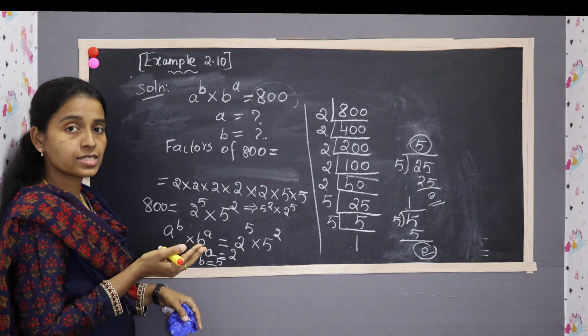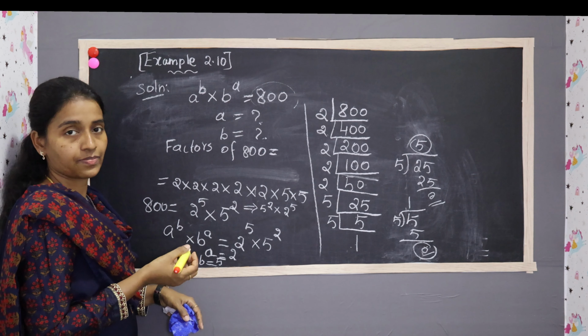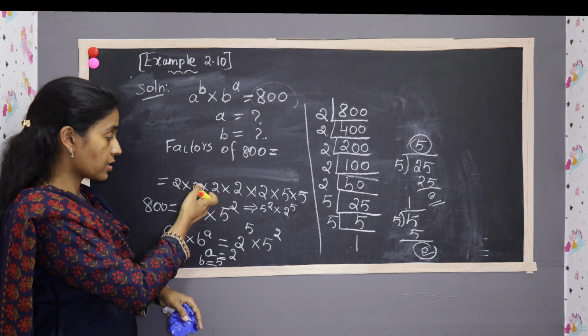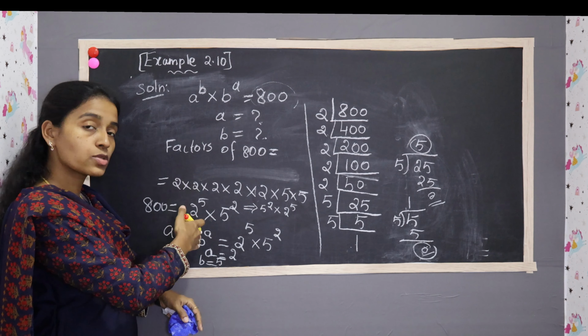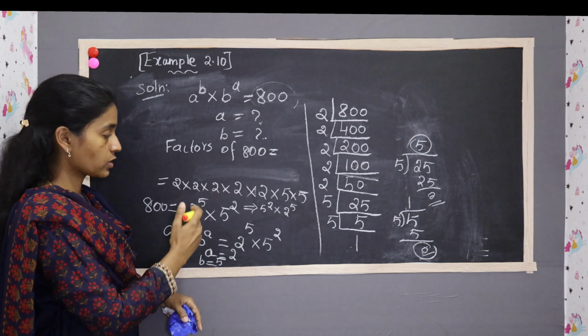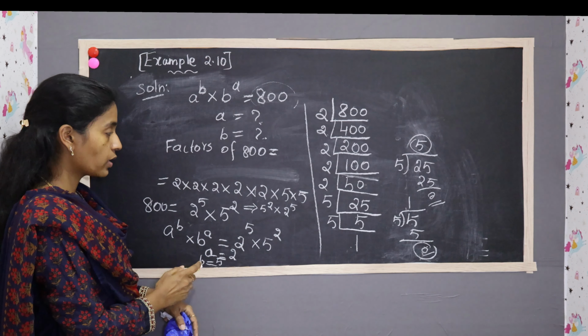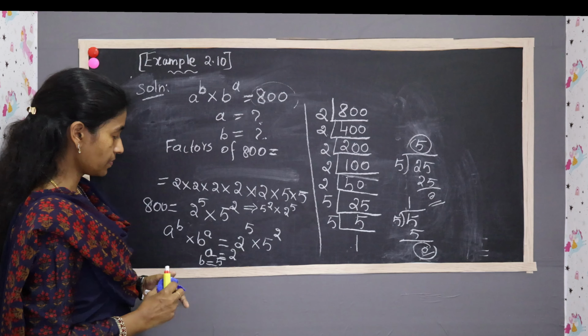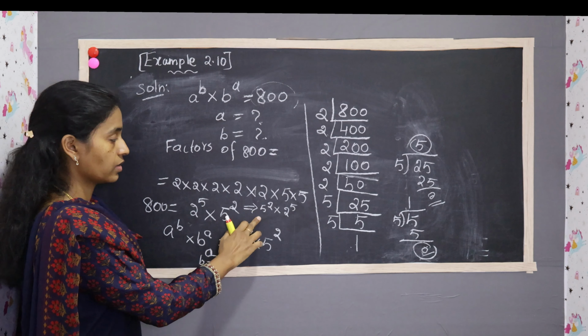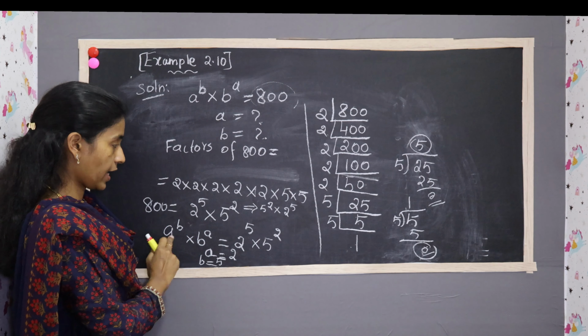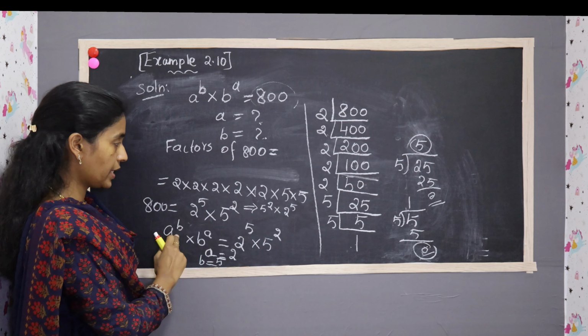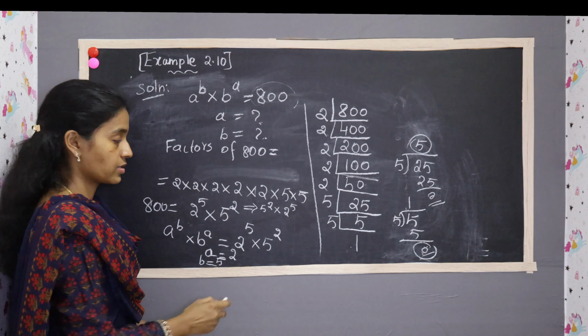We can write 2 power 5 into 5 power 2 either this way or this way. So both are the same. So if I am taking this format, what would be the answer of A? A equals 5, B equals 2, right?